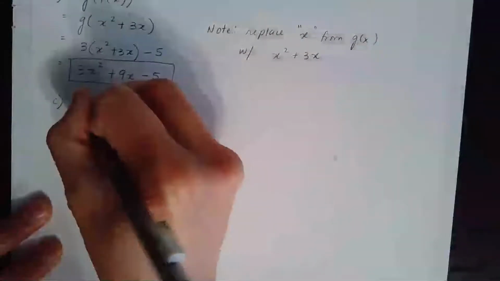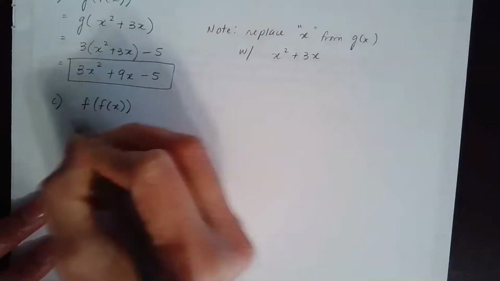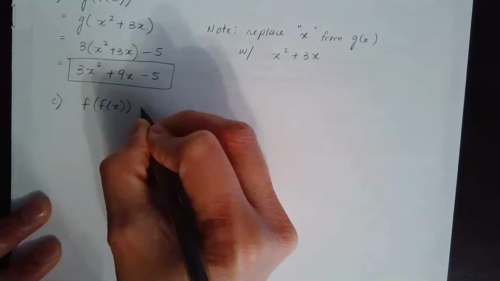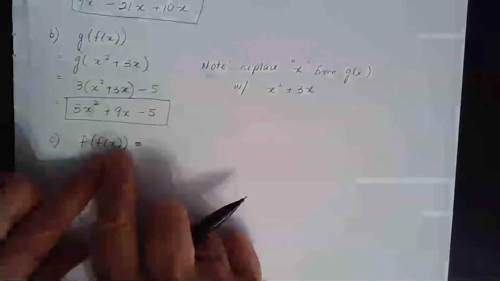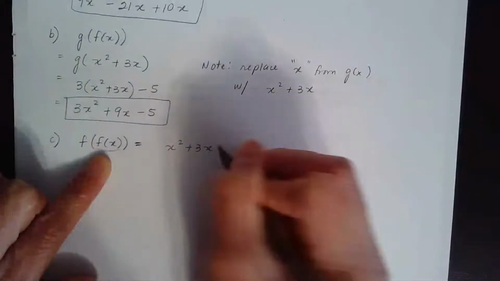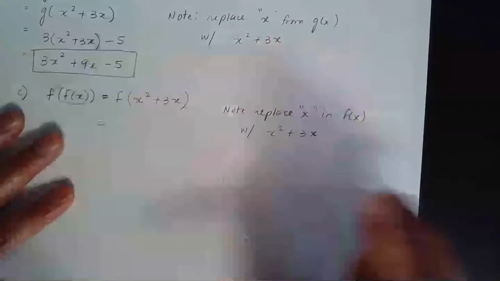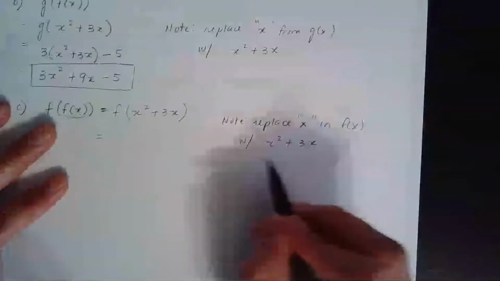To the very last one, letter C. Okay. What's letter C? It says here f of f of x. Let's go this way, sideways. I'm going to start with f of x with x squared plus 3x.